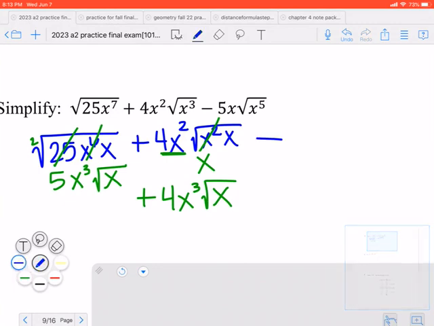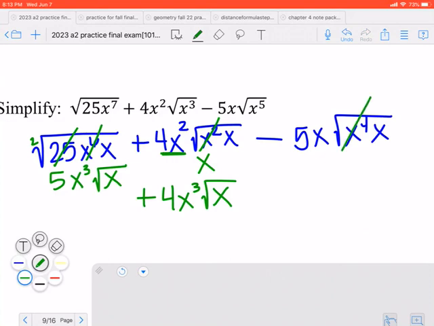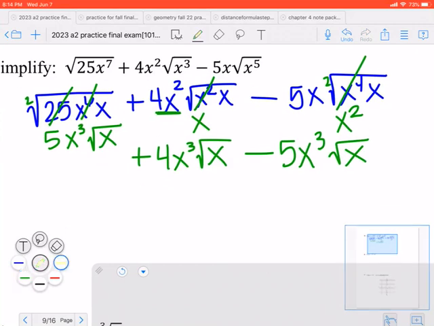Then we have a minus 5x times the square root of, I'm going to make that x to the 4th times x, and the square root of x to the 4th is x squared. 4 divided by 2 is 2, and that would be minus 5x to the 3rd times the square root of x. So I wrote it kind of wonky, but there we are.